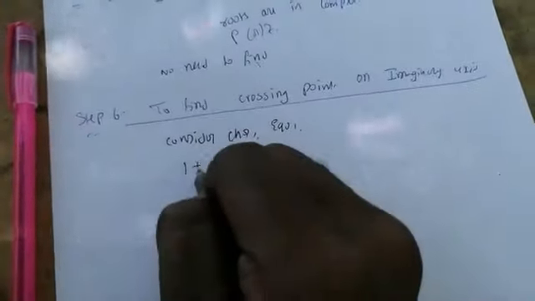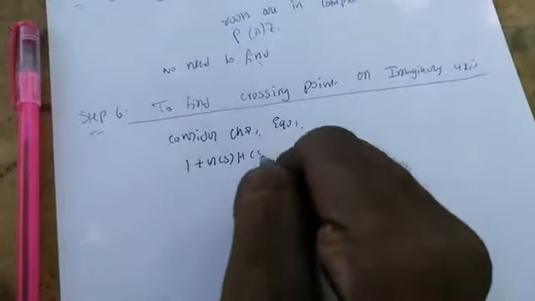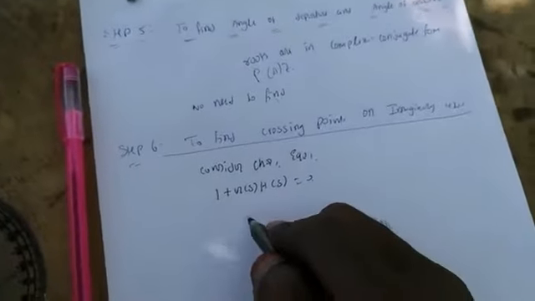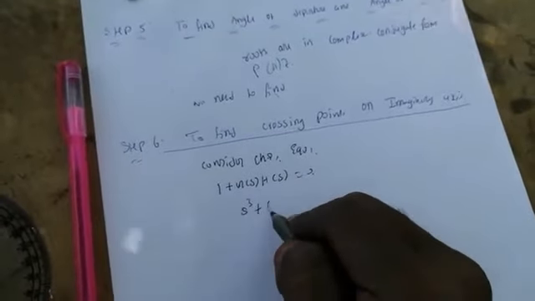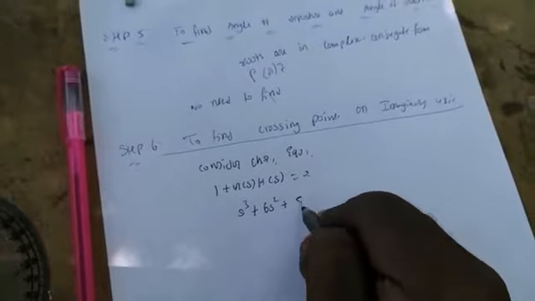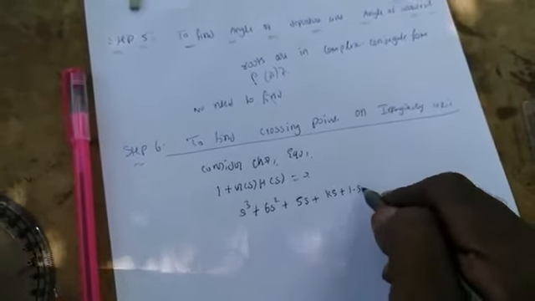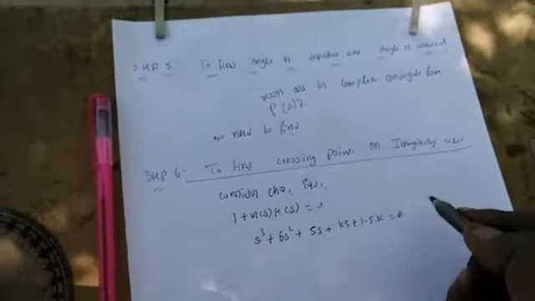That is 1 plus g of s h of s equals 0. After substituting 1 plus g of s h of s, you will get the equation s cubed plus 6s squared plus 5s plus ks plus 1.5 k equals 0.